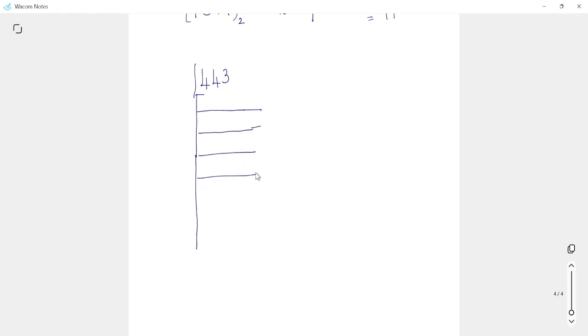Let's take the number 443. What we are going to do is repeatedly divide it by 2, till we get either 0 or 1 as the remainder.